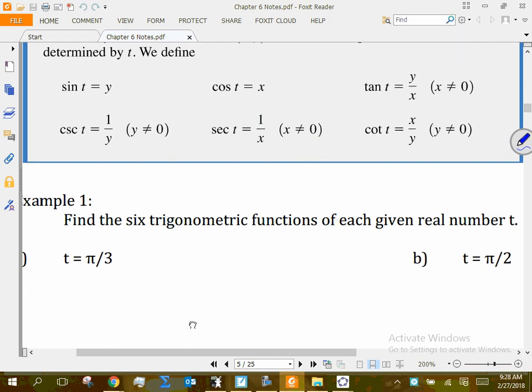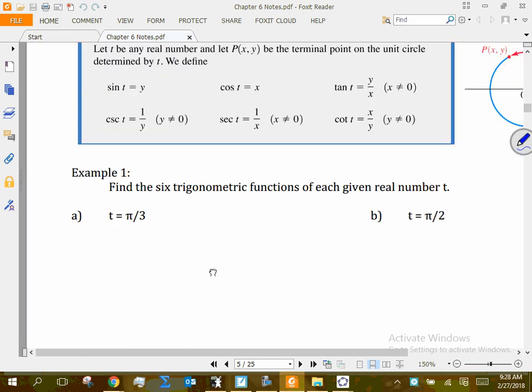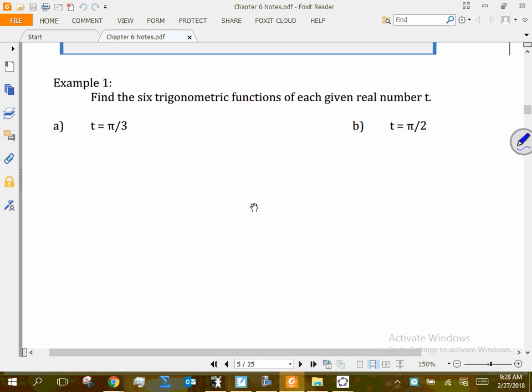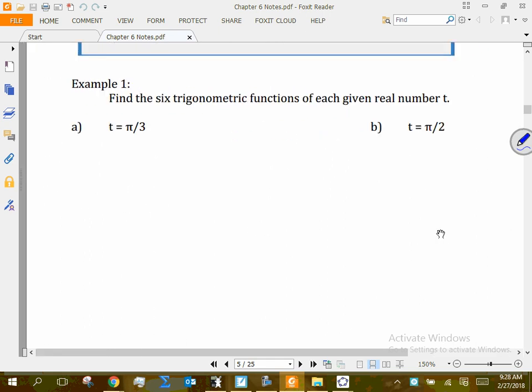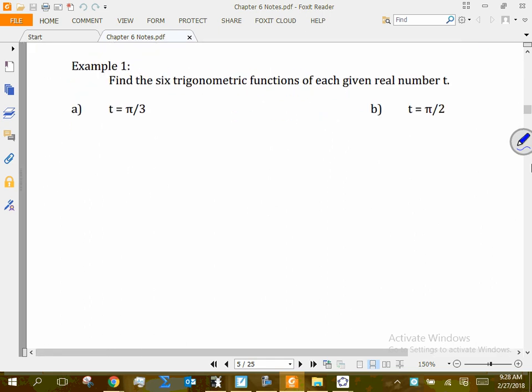Okay. So this is what we're looking for. It says find the 6 trig functions for each given real number t. T being then that arc length that our point is traveling around the unit circle. Okay. So if we simply got our unit circle, actually let me do this. T equals pi.